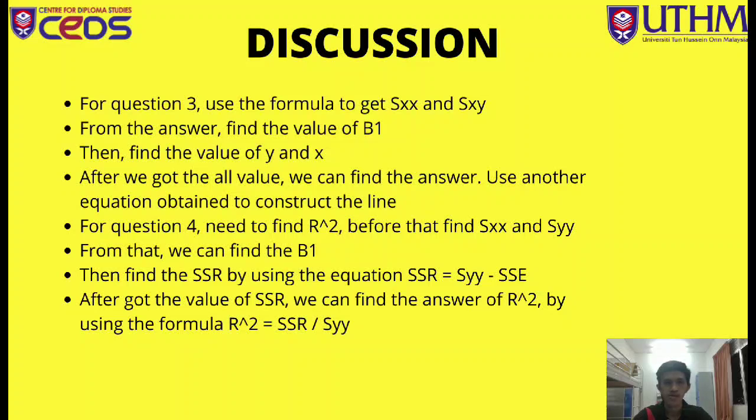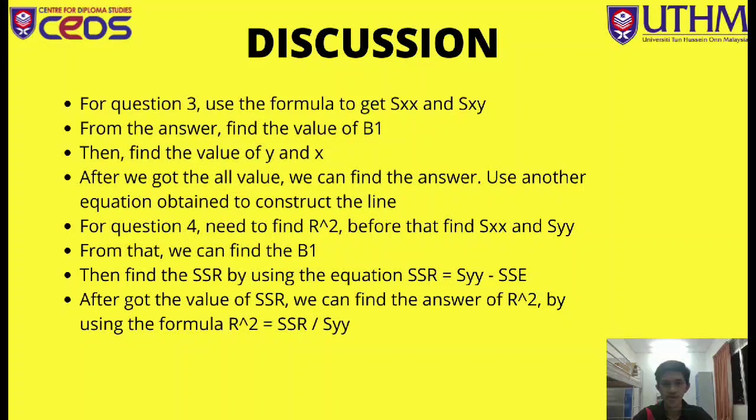Next, for question 4, we need to find the value of R power of 2. Initially, we should find Sxx and Syy. After getting the values, we need to find Sxy using the appropriate formula. Then we continue to find the values of SSE, SSR and R power of 2.